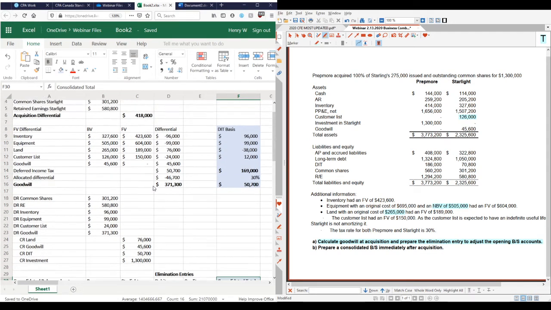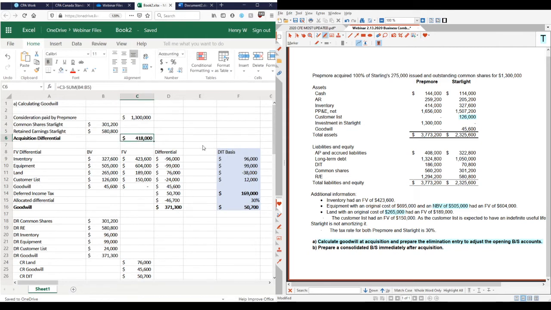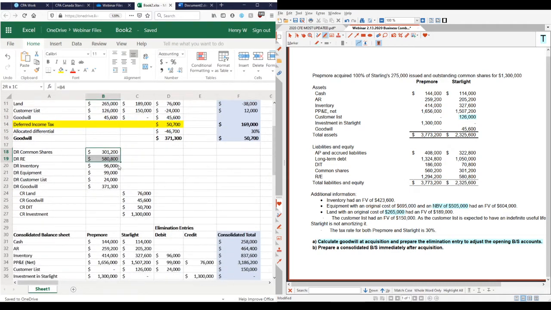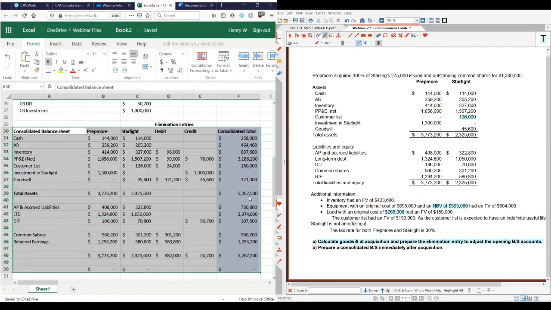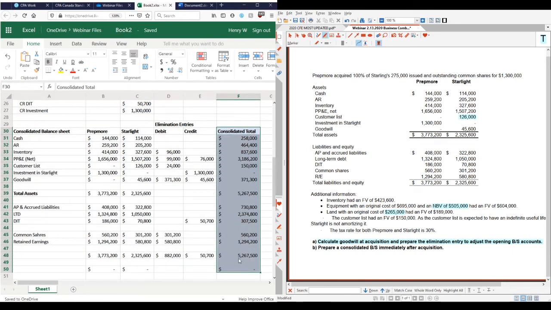Like you can see, determining the acquisition differential, working through this fair value differential. The tax part is a little bit hard, so this is usually the part people have a lot of challenges with, but hopefully conceptually what I did to break things down and make it a little bit easier for you is good. And then afterwards, the journal entry is here, and then doing the elimination entry. This is probably the maximum of what you would go through in terms of the level of detail.